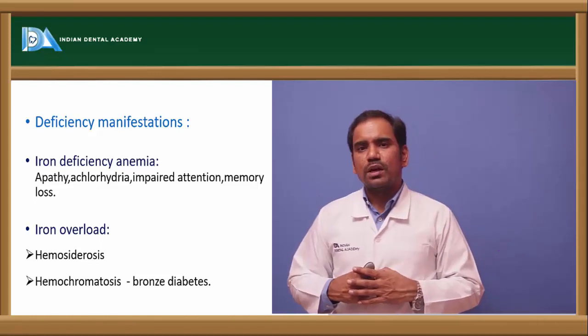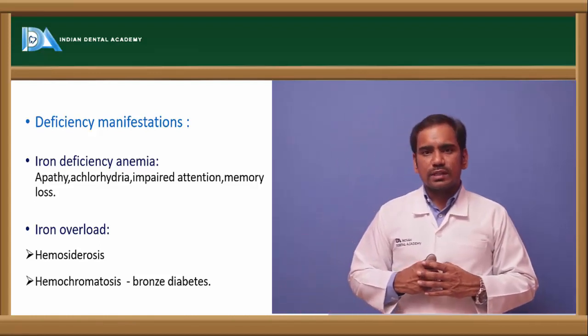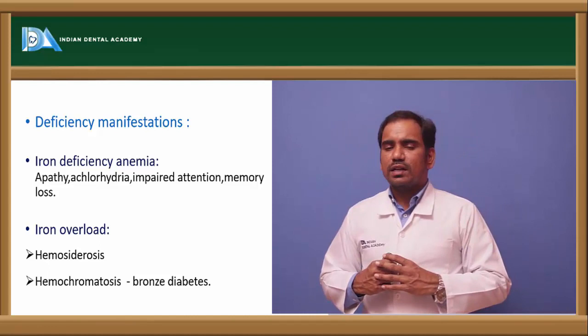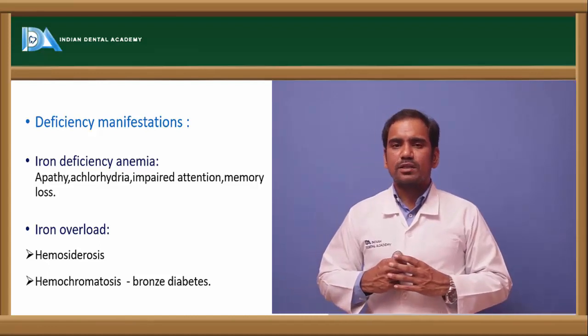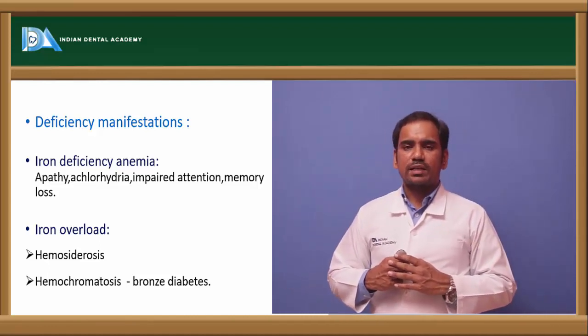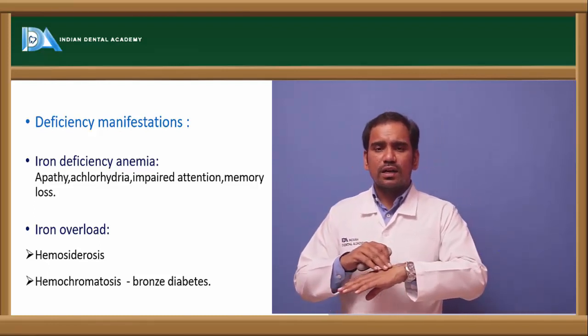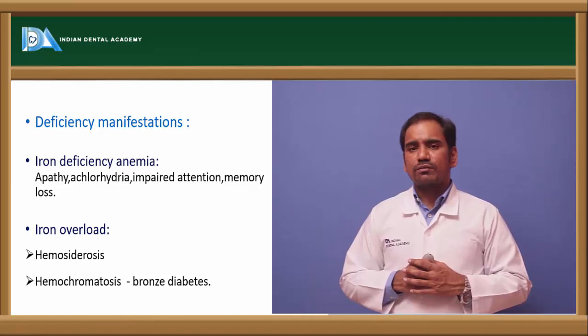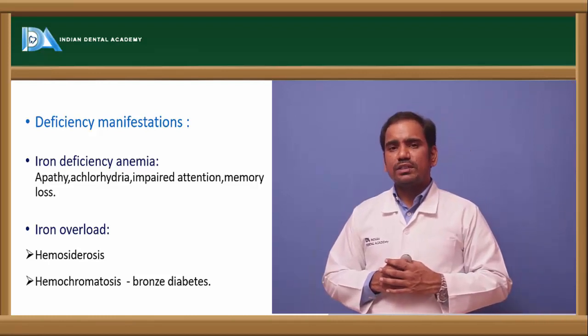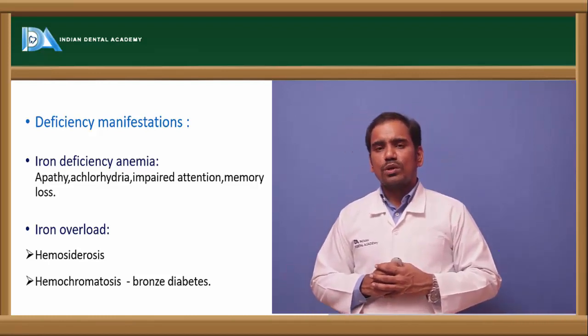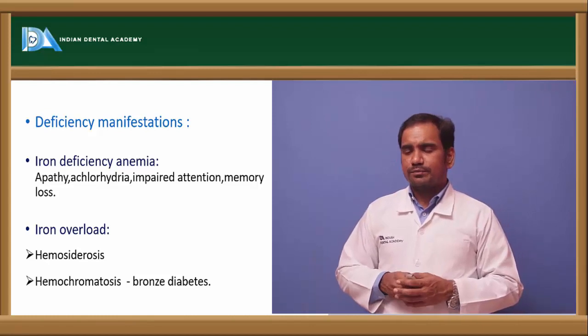It affects the pancreatic tissues, and it gets deposited in the liver, right? It damages the liver tissue, damages the pancreatic tissue, and it gets deposited in the skin. Under the skin we can see the deposition of iron. So these three features together we call bronze diabetes, right?